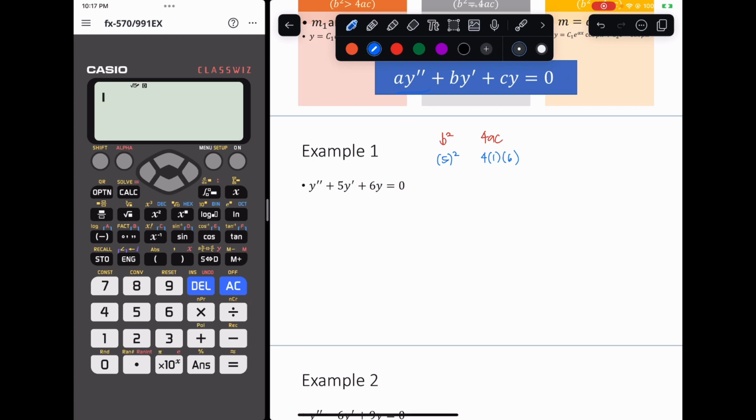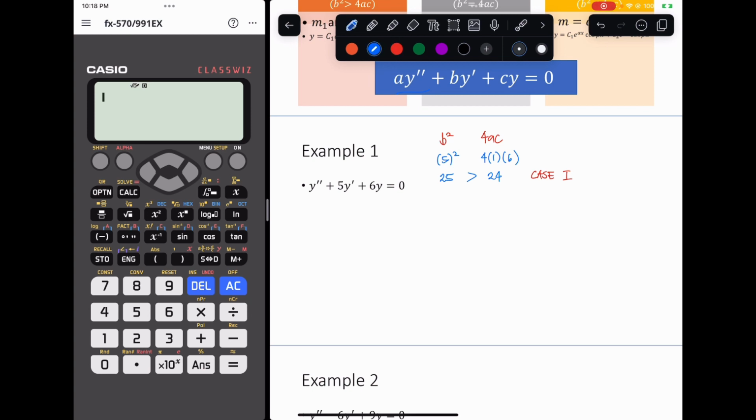So that will make it 25, and 4 times 6 is 24. So 25 is greater than 24. Therefore, it falls under case 1. Okay, so if this is case 1, that means we're expecting distinct roots.